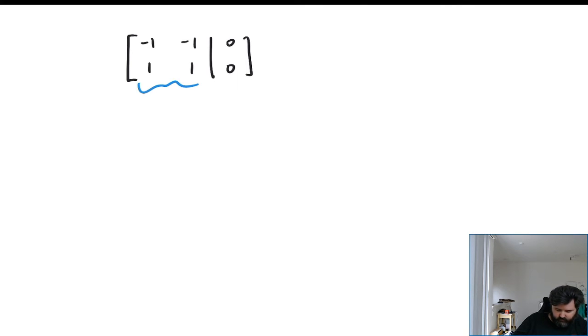What is A minus 4I? It will be -1, -1, and then 1, 1. It doesn't take many row operations to see that this is row equivalent to 1, 1, 0, 0, 0, 0.